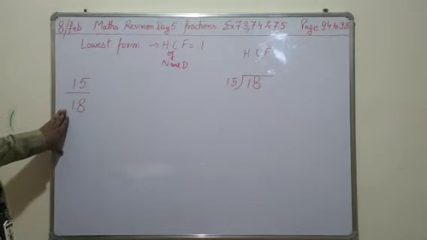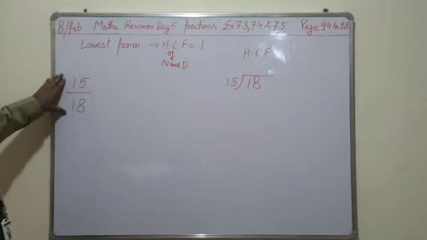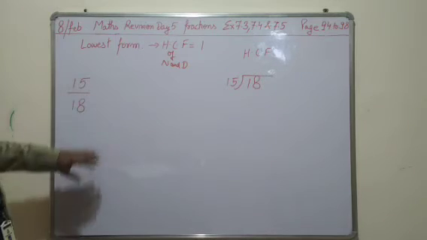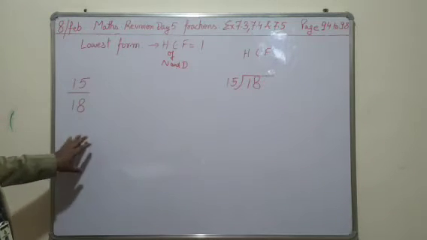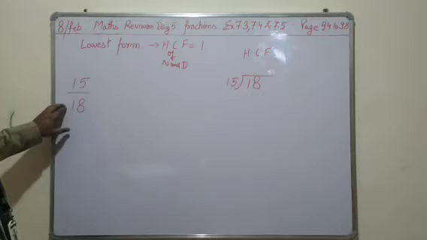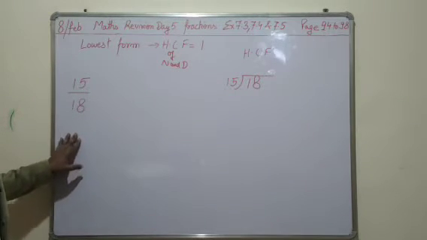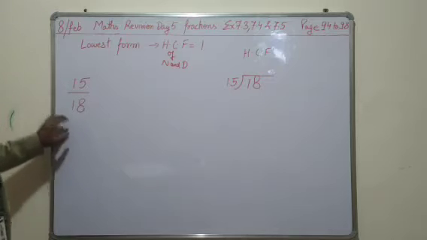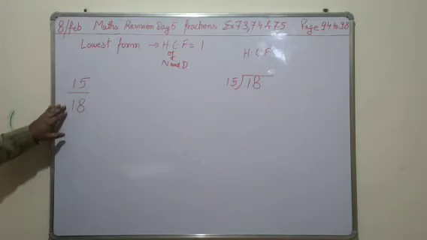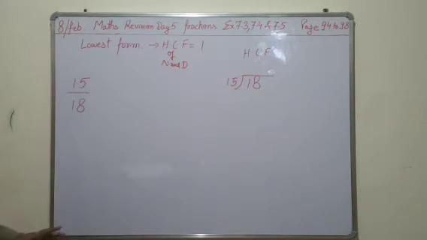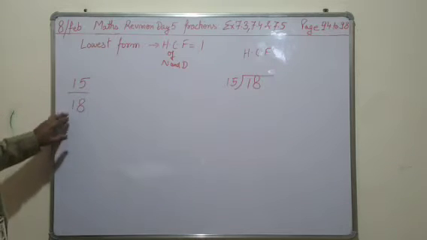That is not in the lowest form because we can divide it by a number. So let's find the number which can divide 15 and 18. We will find a number which is not 1. 1 can divide 15 and 18, that is okay. Other than 1, what is the number which can divide 15 and 18?